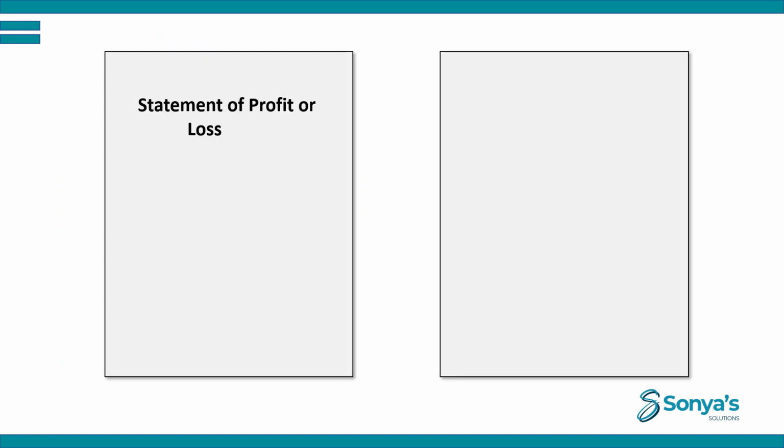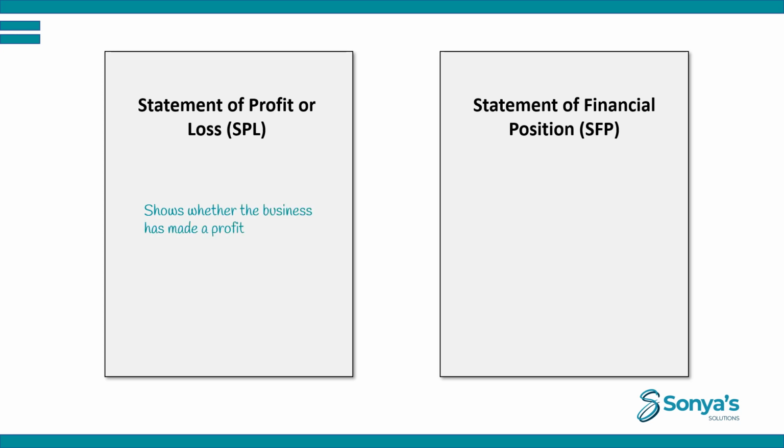In the previous lesson, we very briefly identified two important financial statements that are related to the double entry bookkeeping system. The statement of profit or loss shows whether the business made a profit or loss during a period of trading. They're produced at least annually for external reporting, but can be produced for managers to cover any period of time.